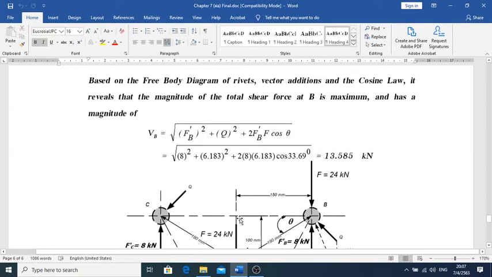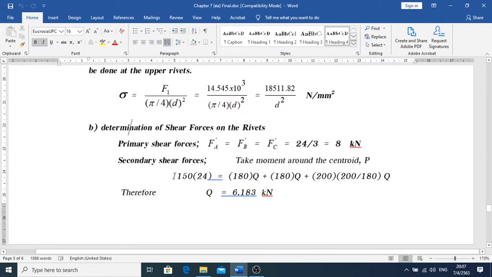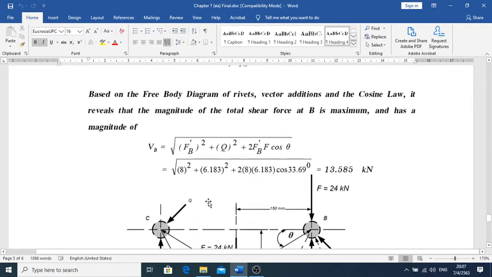So we're going to have 150 times 24 equals 180 times Q, plus 180 times Q, plus 200 times 200 over 180 times Q, divided by the Q based on the figure there.